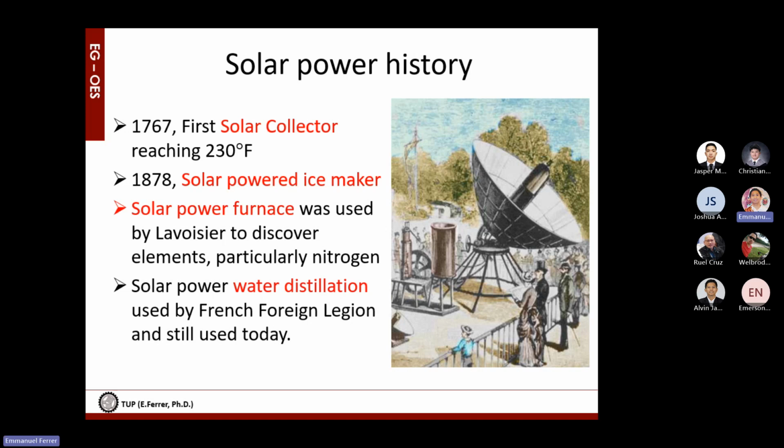Of course, still used today. Survival 'to, 'di ba? Water distillation tayo using solar power. Mahalaga 'to especially during disaster, survival, maganda meron kang setup for the solar water distillation.